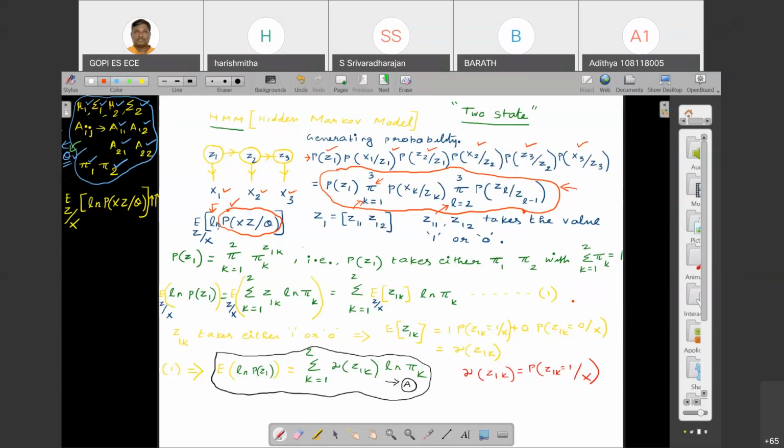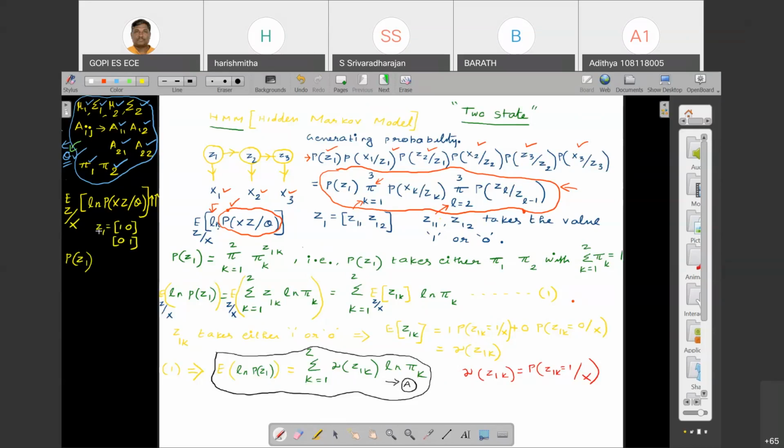We need to now substitute in this expression with the unknown parameters. How to do that? Let's start one by one. Let me start with probability of Z1. What is that probability of Z1? You have to understand carefully, Z1 takes either 1, 0 or 0, 1.